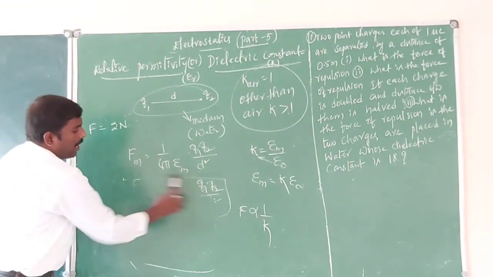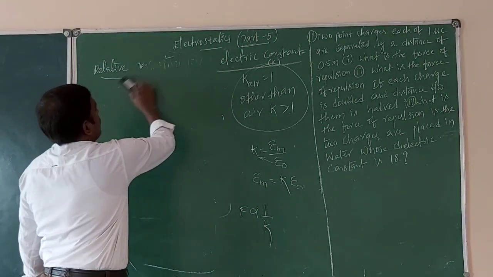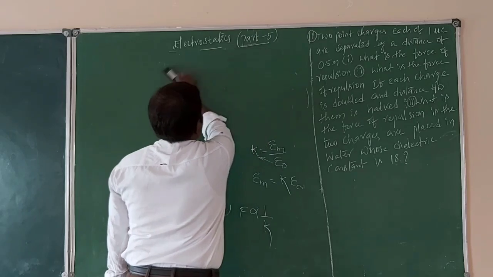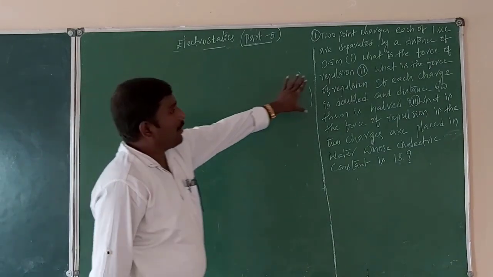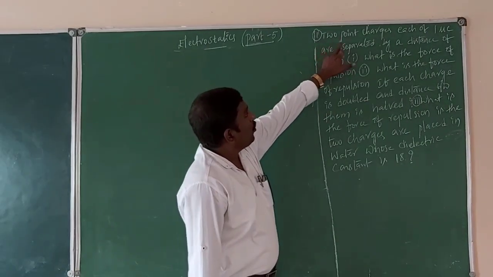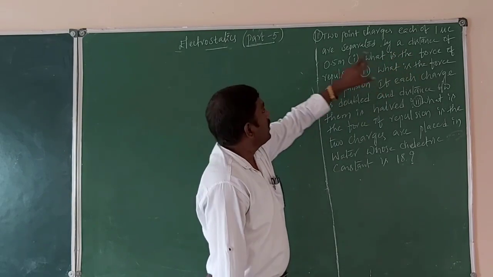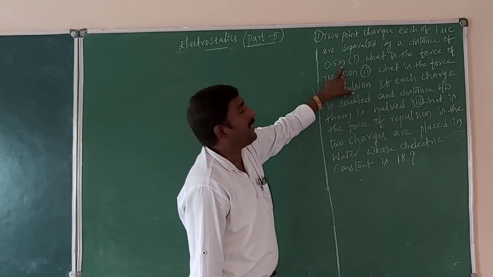Now, by using Coulomb's law, let us solve one numerical problem. Dear students, two point charges each of 1 microcoulomb are separated by a distance of 0.5 meter.